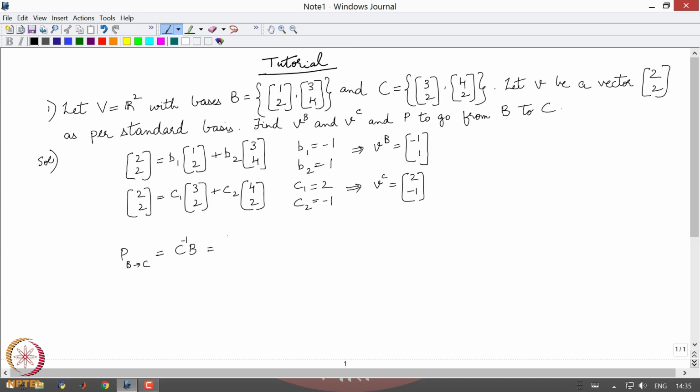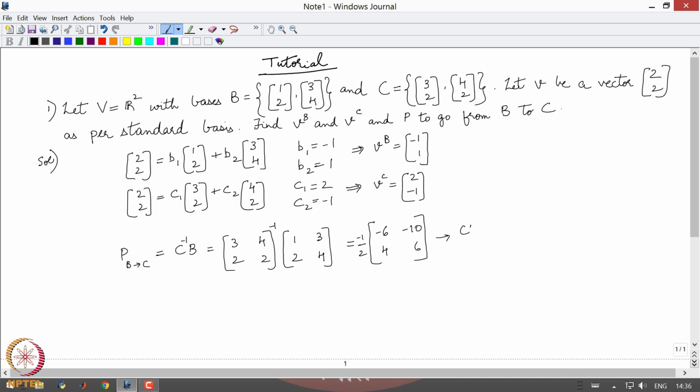So, now I can get the inverse of [3 4; 2 2] times [1 3; 2 4], and you can do the inverse by yourself. I will just give you the final answer: minus 1 by 2, which is the determinant, times [4 6 ...]. Okay. So, you can verify this inverse and multiplication.